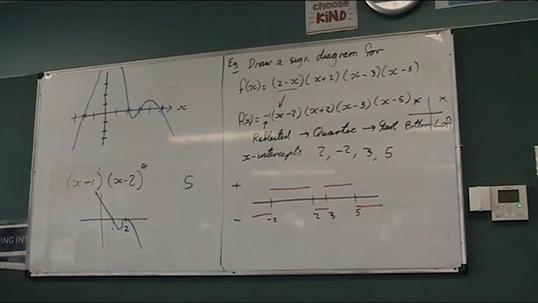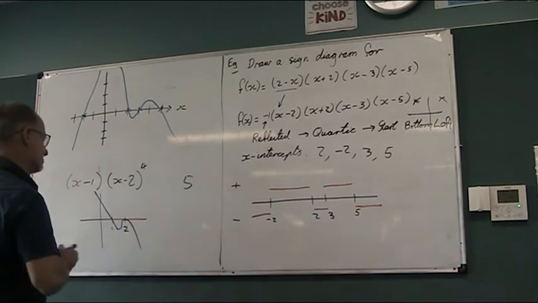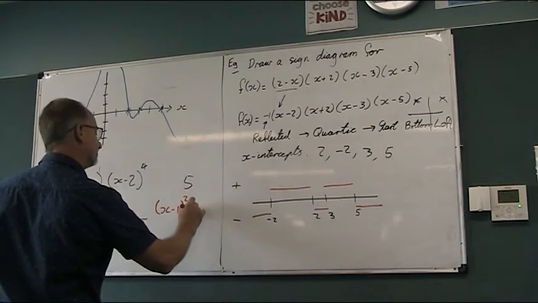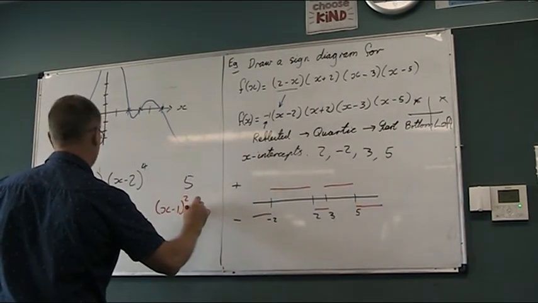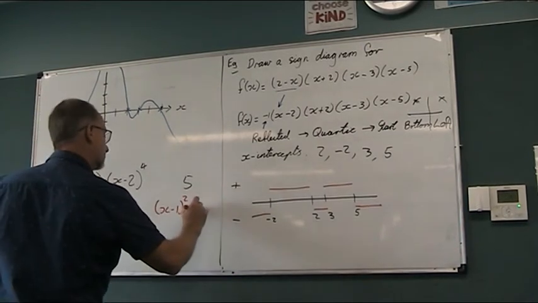What happens at a power of 2 and then a power of 4? It would go up and then come down. Turning point, because the power of 2 is a repeated factor. Actually, I've started that in the wrong place.